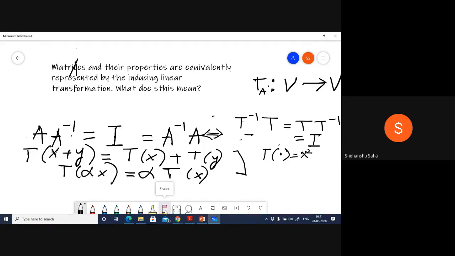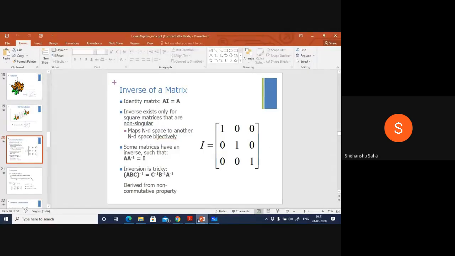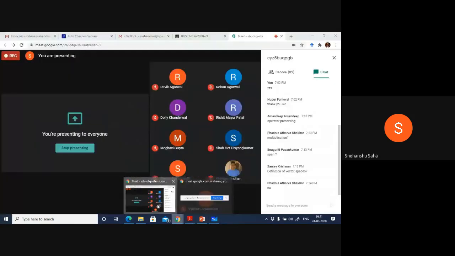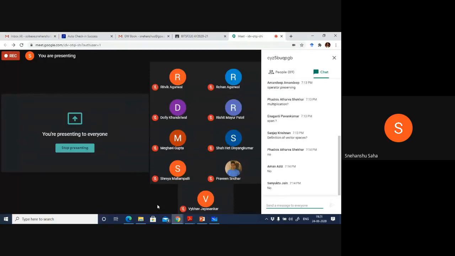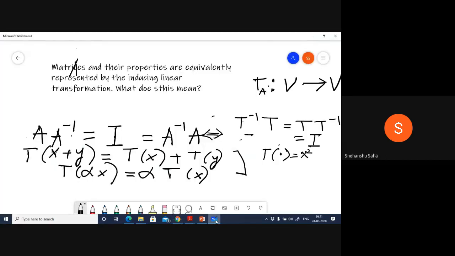What do you think? No, right? Why not? Because the function that I constructed to begin with is a nonlinear function. Okay? All right.